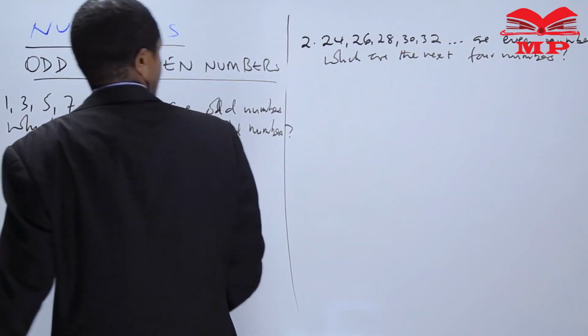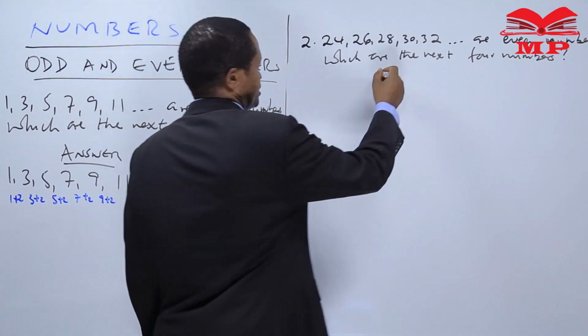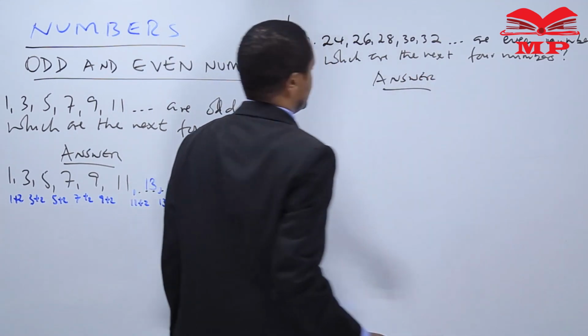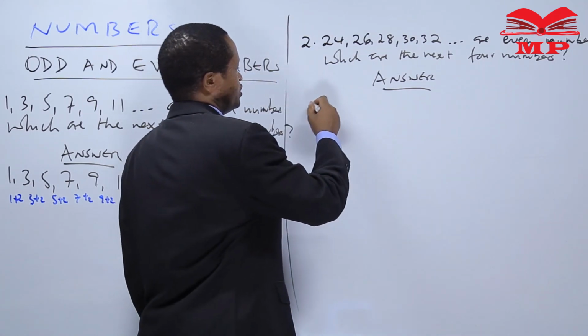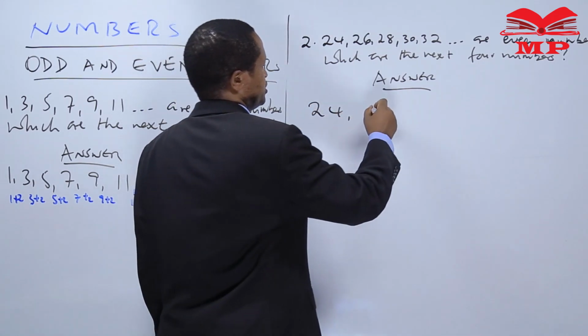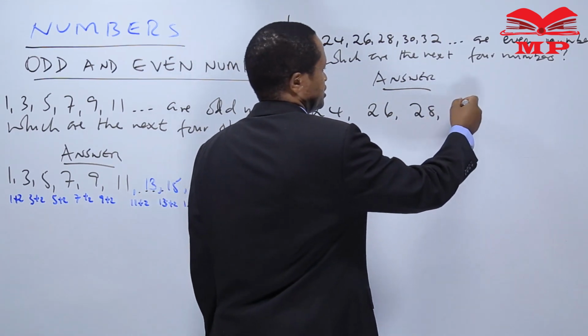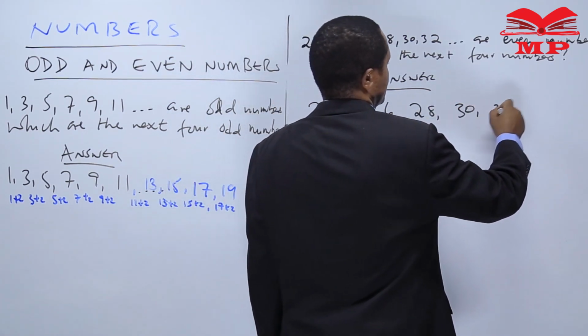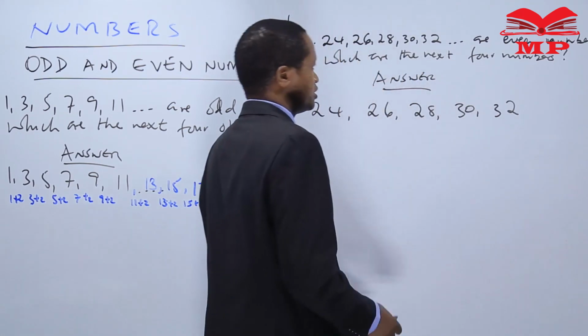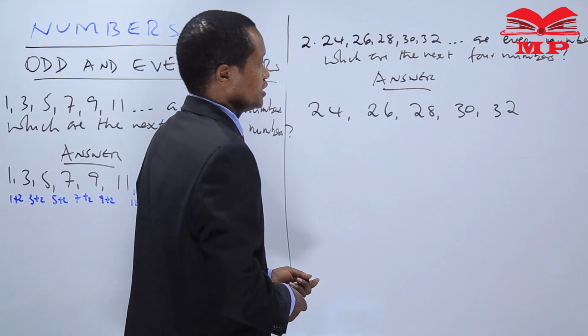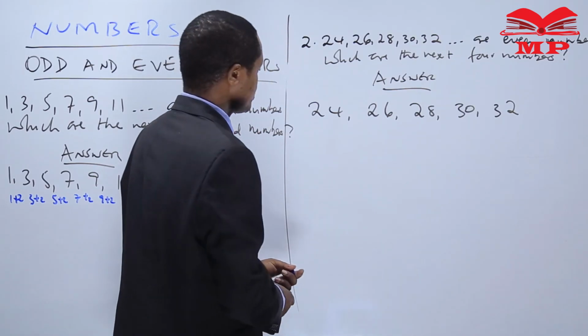So these are even numbers. Answer: even numbers, starting from 24, then 26, then 28, then 30, then 32. So the question is, what are the next 4 even numbers after 32?